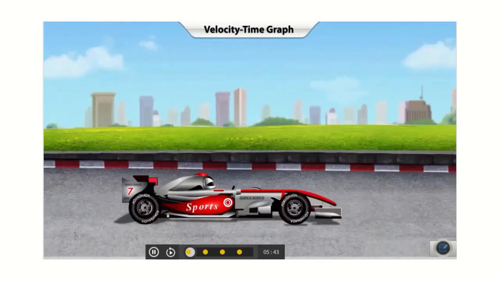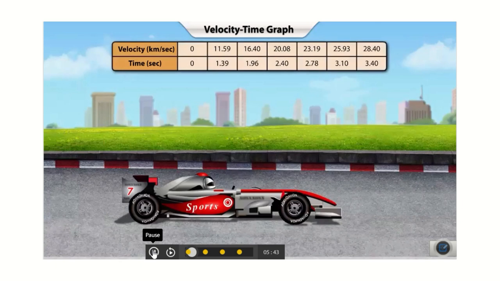Racing is exciting, isn't it? But did you know that an average electric go-kart can pick up a speed from 0 to more than 96 kilometers in just 3.4 seconds? See how the go-kart's velocity is increasing with time.